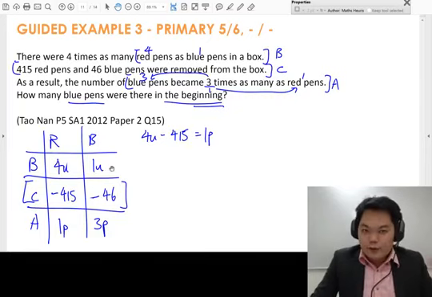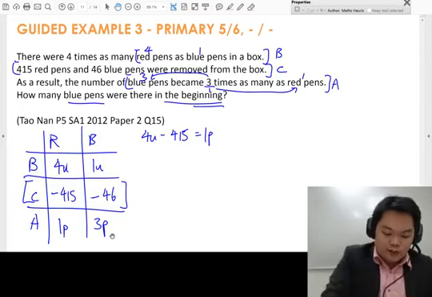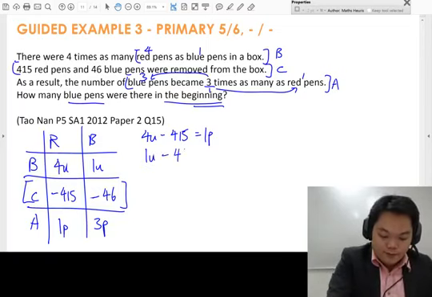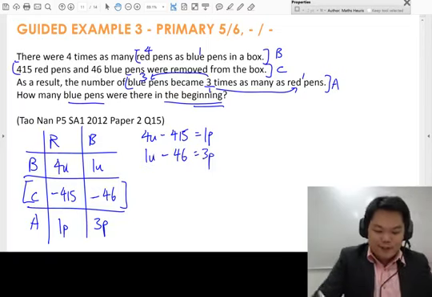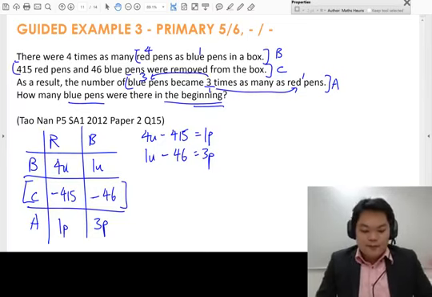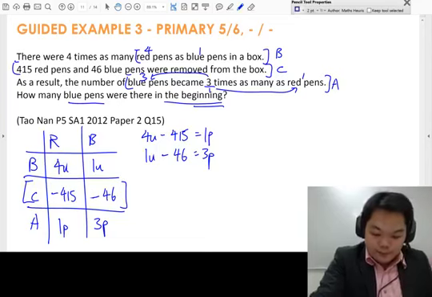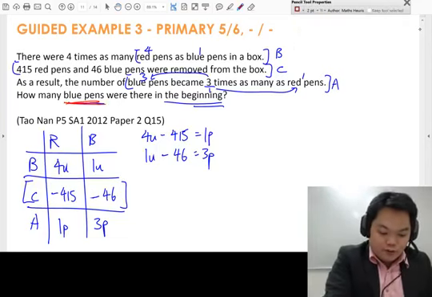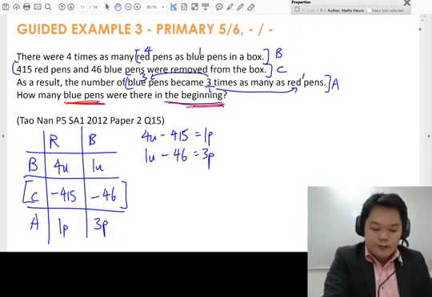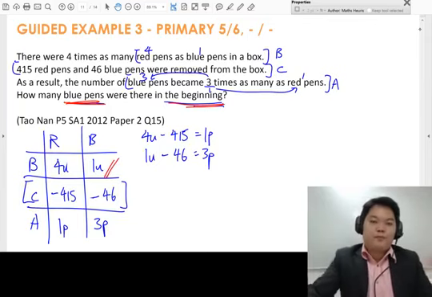And then the next one would be 1 unit minus 46 to give me 3 parts. Now we are to find the blue pens in the beginning. That would be 1 unit.